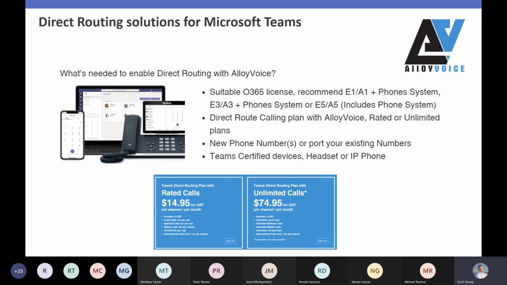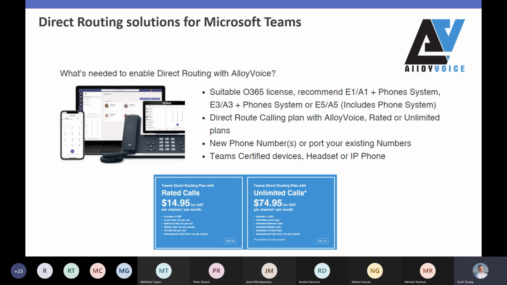For those of you who don't know what direct routing is, I'll quickly give you a 2-minute spiel. If you're not using Telstra Calling for Microsoft Teams and you want to enable outside PSTN or mobile connectivity to your Teams users and phones, we need to have what we call a direct routing connection to an SBC.